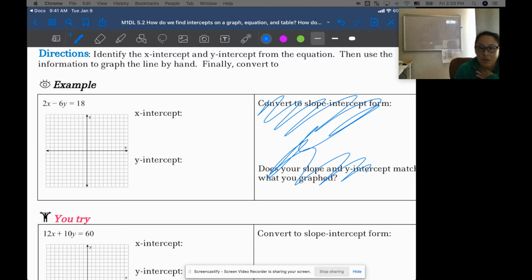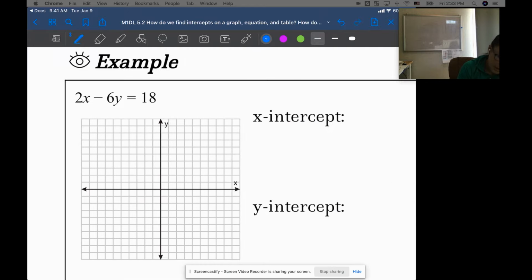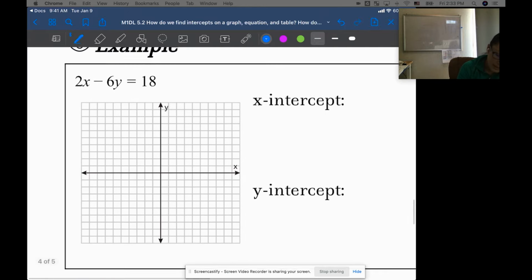All right, we're going to graph the linear equation using our x and our y-intercepts. So really what we need to do to graph the equation of a line is we need to find 2 points on the line, and then we can connect those 2 points, okay? So I have the equation 2x minus 6y is equal to 18.